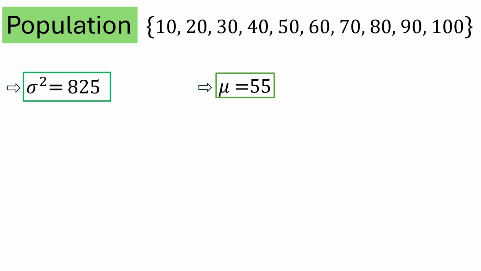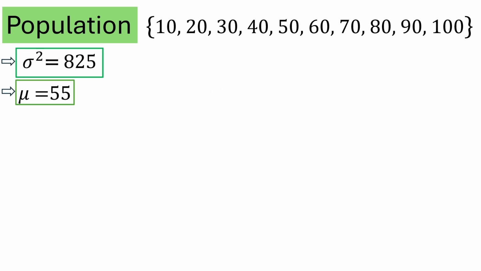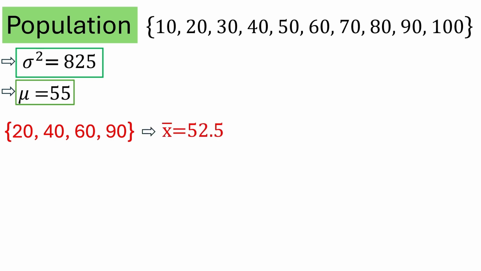The population mean, or true mean, is basically the average of the population data points. Now let's take a sample from this population. So this is our sample, and the sample mean that we got is 52.5.